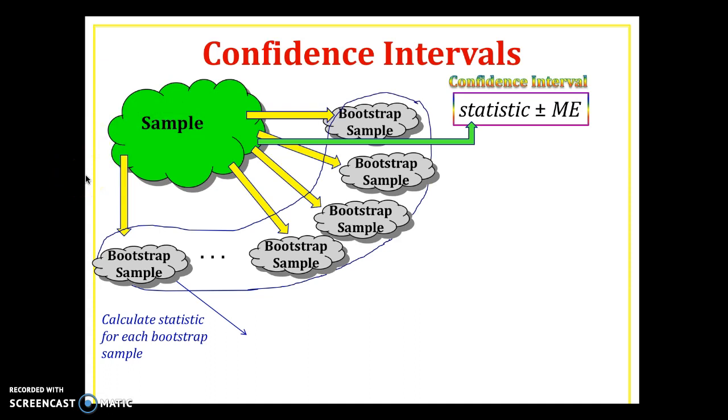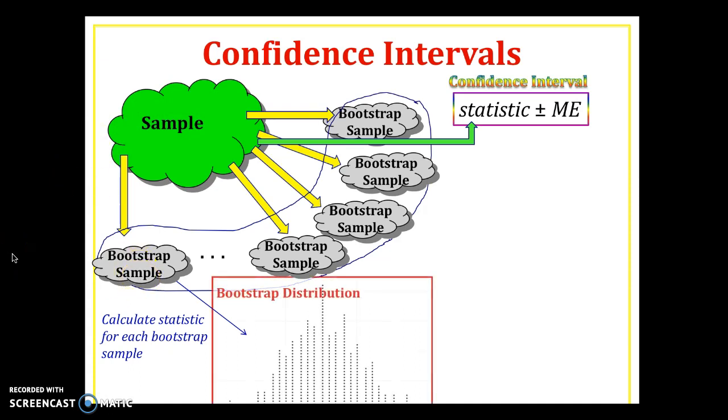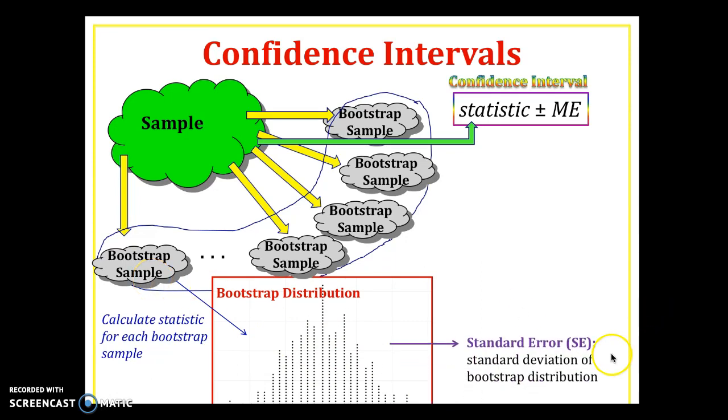From these bootstrap samples, we're going to calculate a statistic from each bootstrap, and then we can display these statistics in a dot plot. And then from there, we can compute the standard error, the standard deviation of this bootstrap distribution.